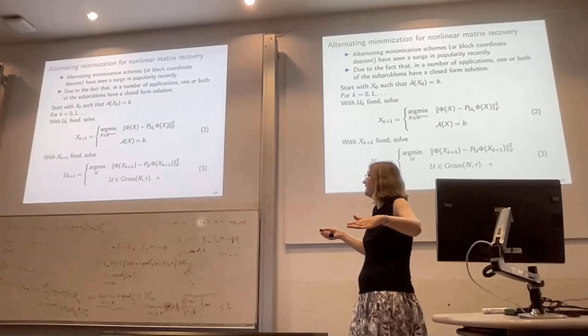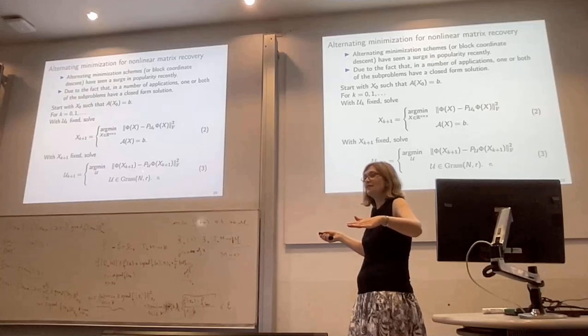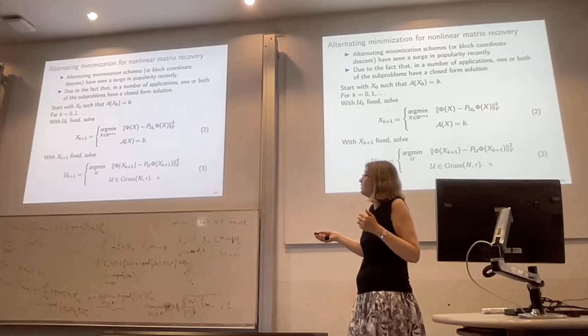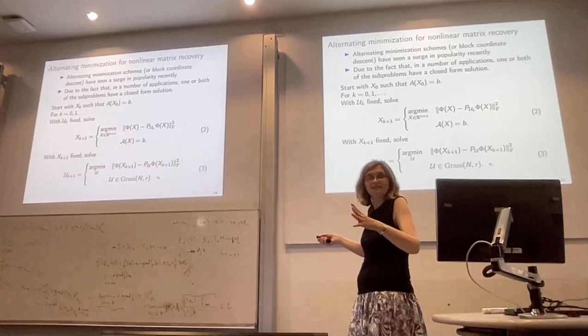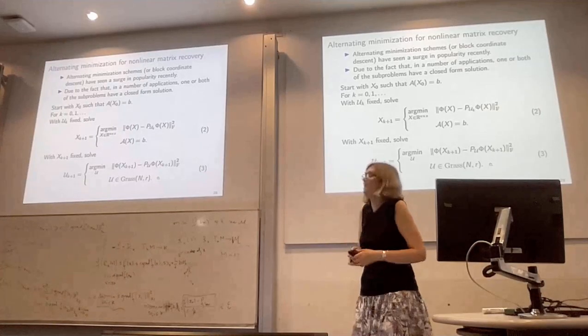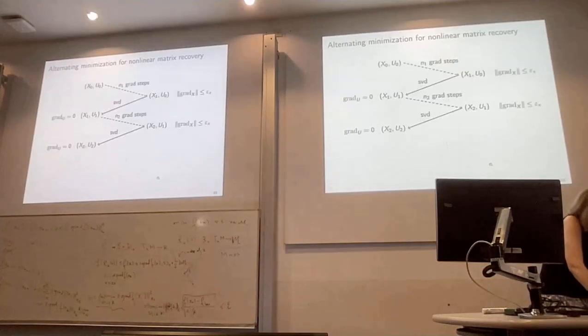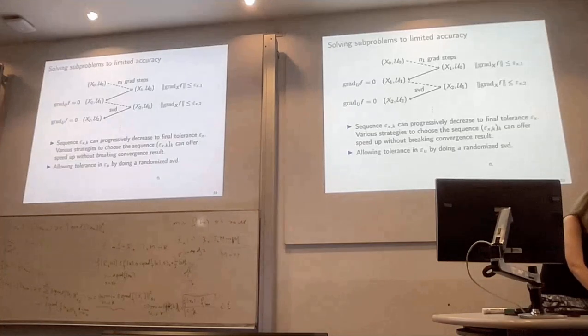Then fixing that, find your u on the Grassmann manifold. For this second problem, you do an SVD of phi(x_{k+1}) and take the leading left singular space as your guess. Okay, numerics, and I'm done. So we have this alternating minimization, convergence for it, etc.